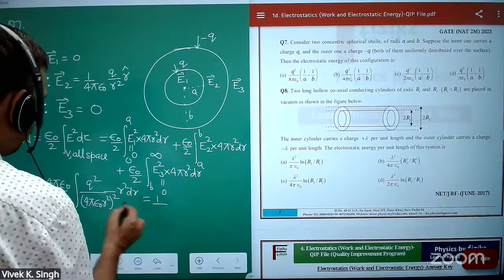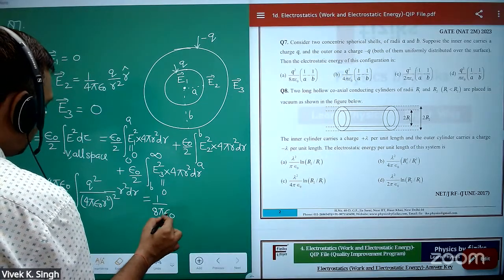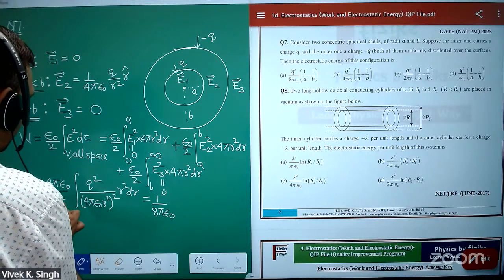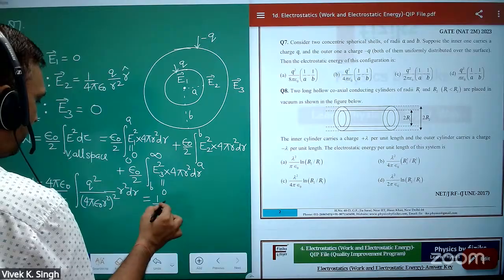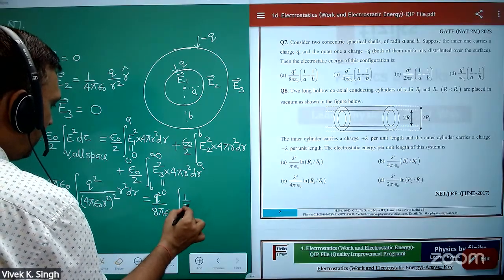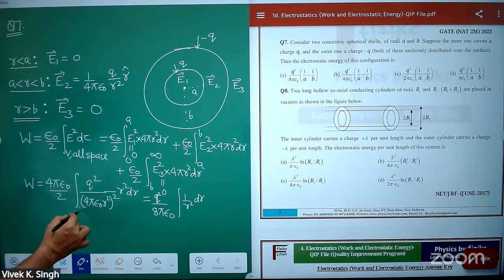So here you will get 1 by 8 pi epsilon naught, because 4 pi epsilon naught will cancel out 2, and this is 1 into Q square and integral 1 by r square dr, and this limit is b to infinity.